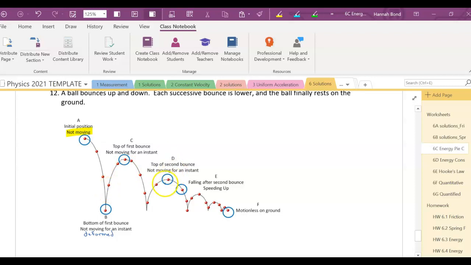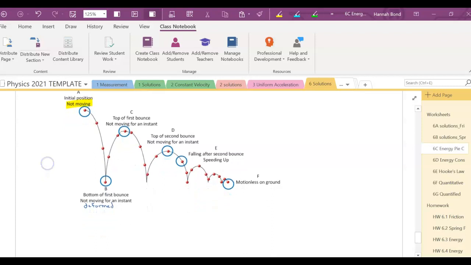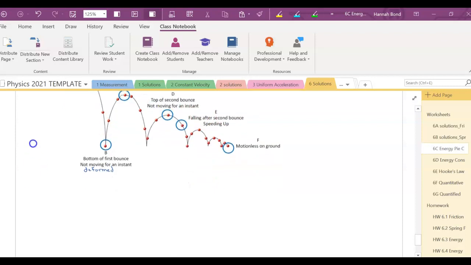Then we look at it at the next peak. Each peak is a little bit lower, and so on. So we're going to look at 1, 2, 3, 4, 5, 6 positions. And so I'm just going to go ahead and draw 6 pies here.